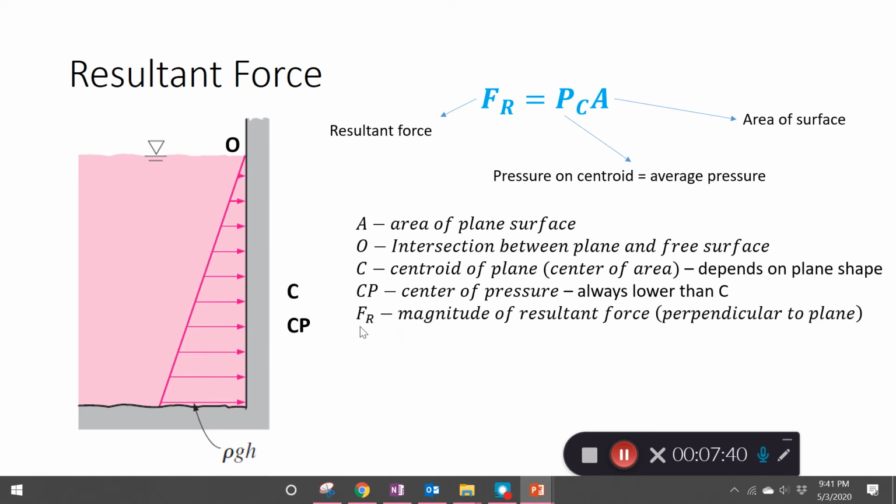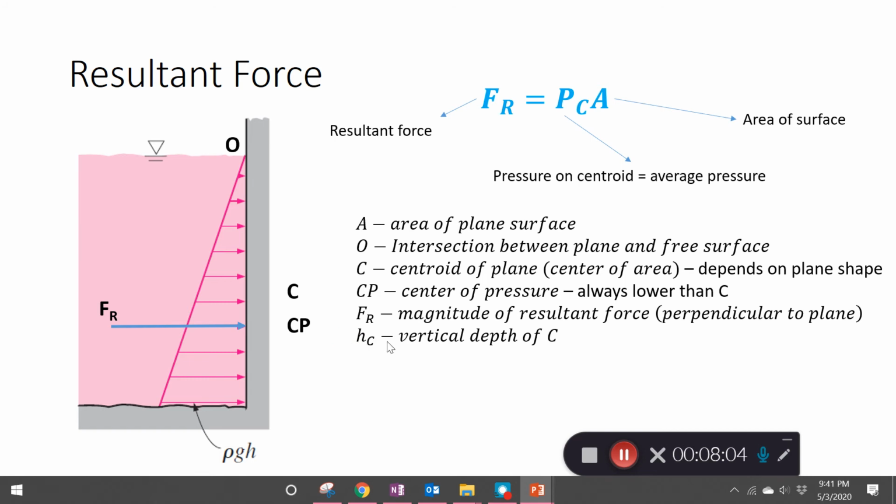Fr is the magnitude of the resultant force, and it's always perpendicular to the plane. So the plane is vertical, so of course Fr is horizontal, and it is acting at Cp, exactly at Cp. Still haven't answered why it's lower than C, right? So Fr is acting at Cp.